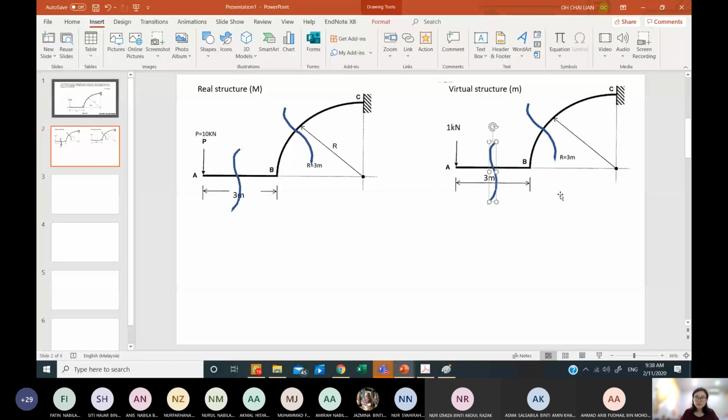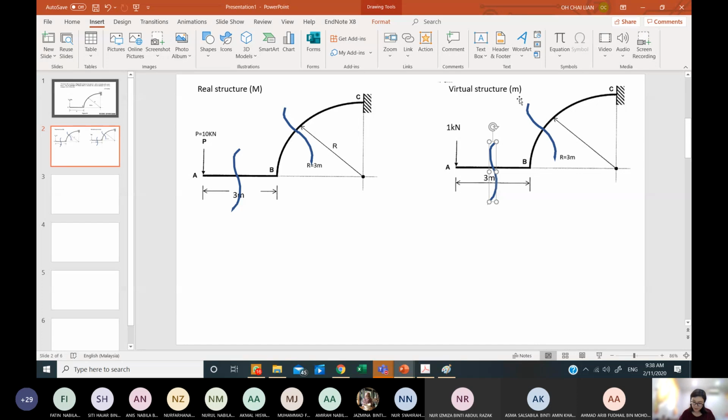This is my cut section, and I need to decide where my X is, whether I do the left part or right part of the cut section. Here I put all my X starting from the same point.